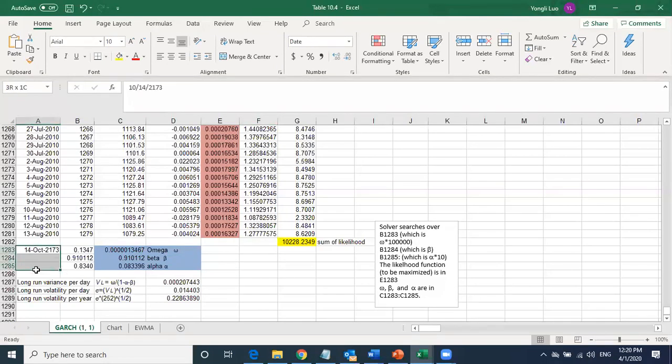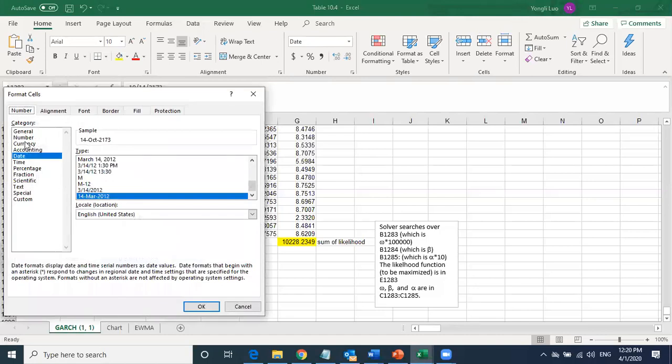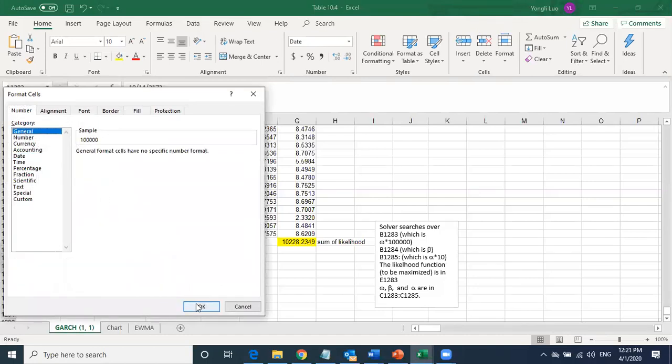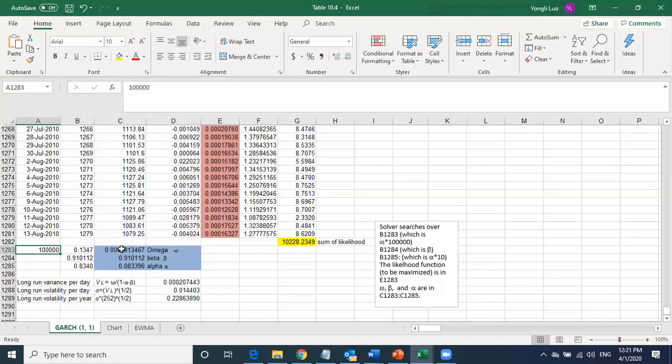We do not want this one to be a date, so we use General. So we have this one, which is omega times 10,000.